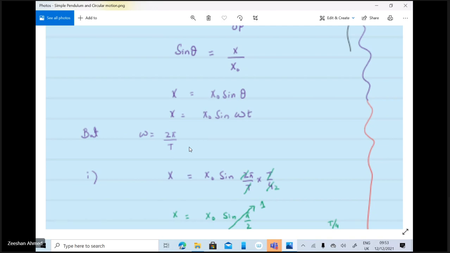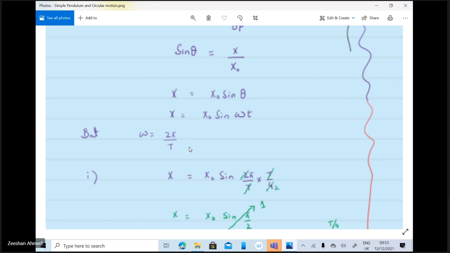What is the second case result? 0. It means when the body reaches this point, the displacement will become 0, and definitely it has to come from maximum to the 0 position again. When it comes to the third quarter, what was the displacement?